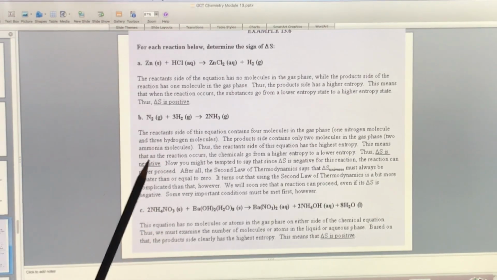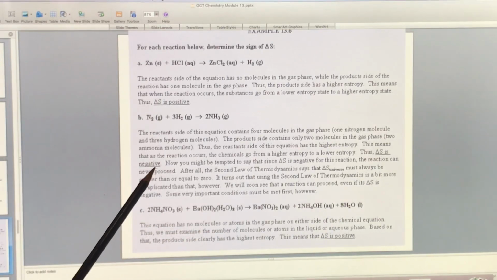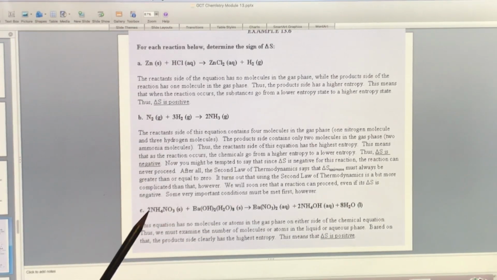So in this case, the delta S is considered negative. And then finally, in this equation, we have a solid yielding an aqueous and a liquid. Well, clearly the aqueous and liquids would have the higher entropy versus solids. So this has a delta S that is positive.